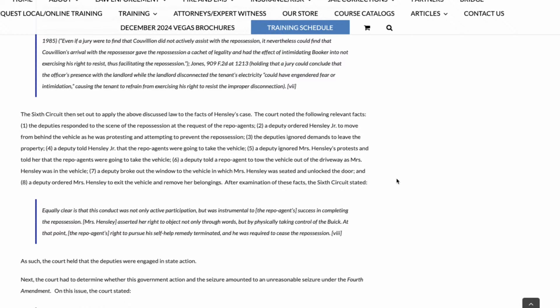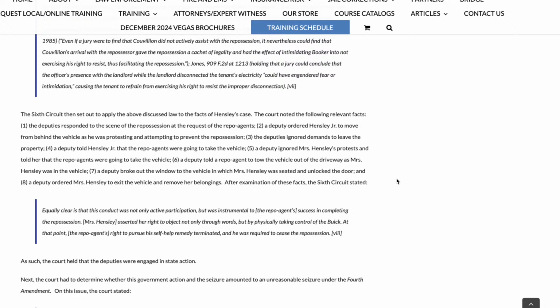The Sixth Circuit then set out to apply the above discussed law to the facts of Hensley's case. The court noted the following relevant facts: the deputies responded to the scene of the repossession at the request of the repo agents. A deputy ordered Hensley Jr. to move from behind the vehicle as he was protesting the attempt at repossession. The deputies ignored demands to leave the property. They were supposed to leave.